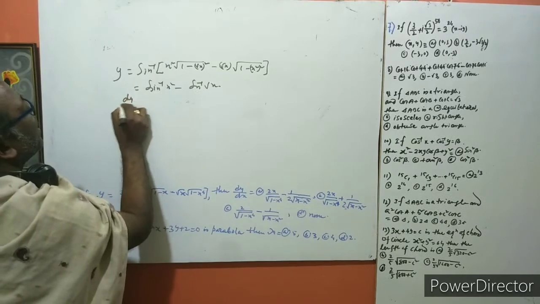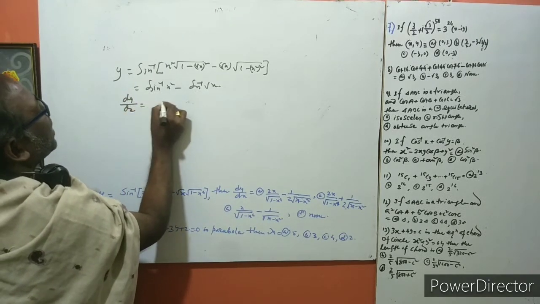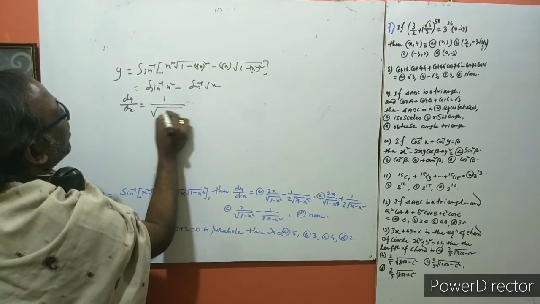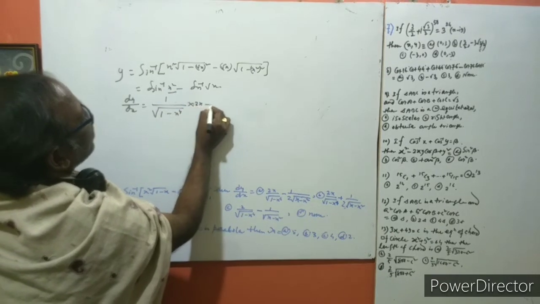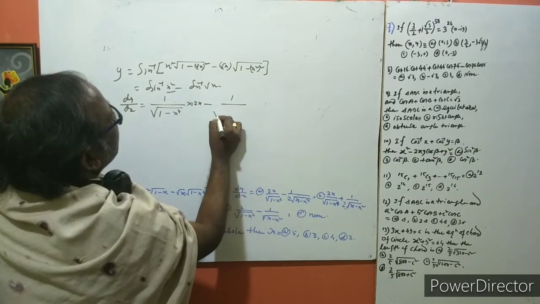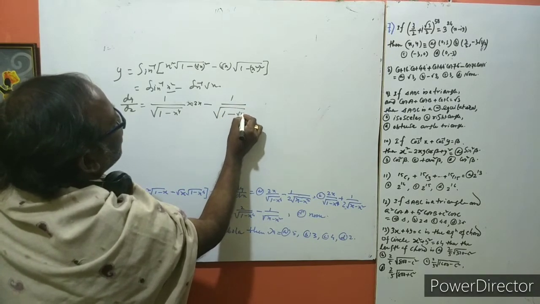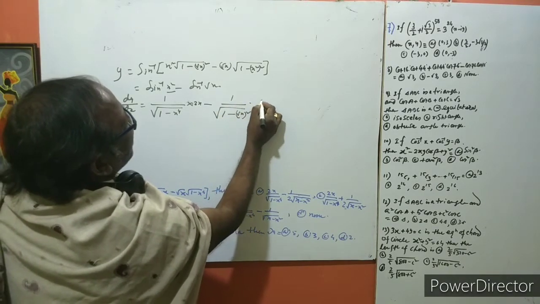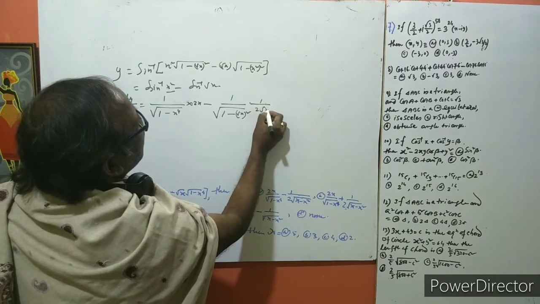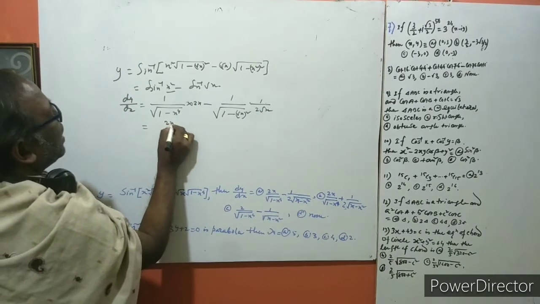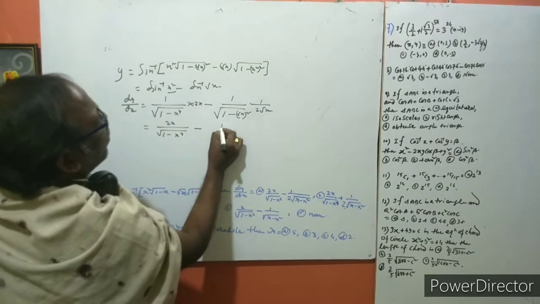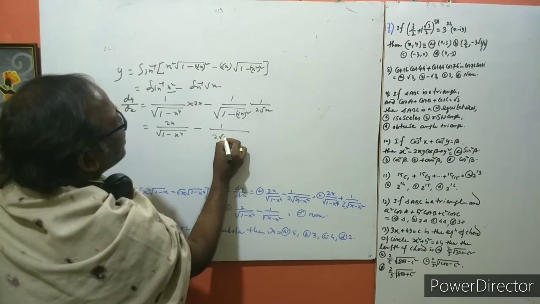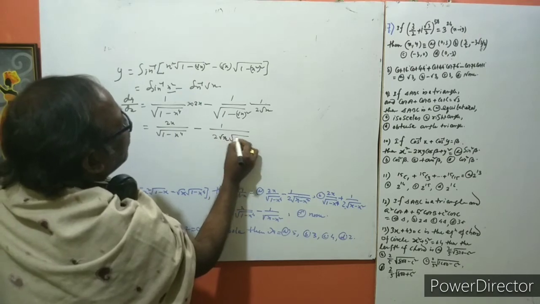So if we differentiate dy by dx, then we get root over 1 minus x to the power 4, and the derivative of this is twice x. So this is 1 by root over 1 minus root x square, and then the derivative of root x here is 1 by 2 root x. So now you can write 2x by root over 1 minus x to the power 4, and 1 by 2 root x into root over 1 minus x.